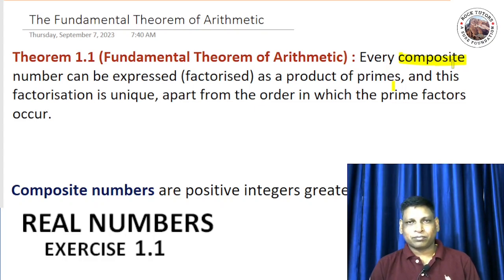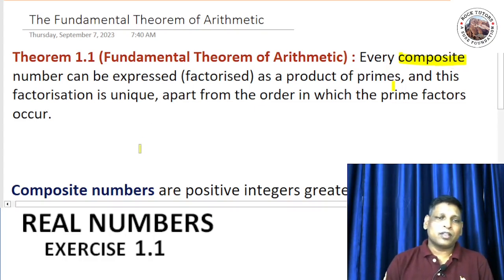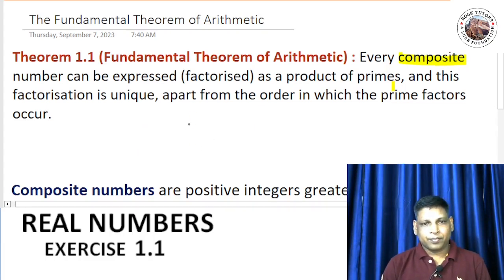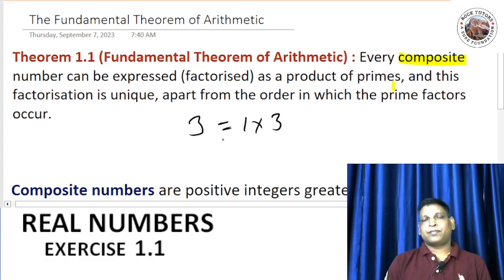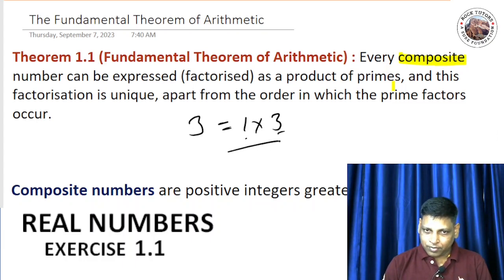For example, suppose I take 3. Here I can write 3 is equal to 1 into 3. 3 has only two factors, 1 and 3, the 1 and the number itself.